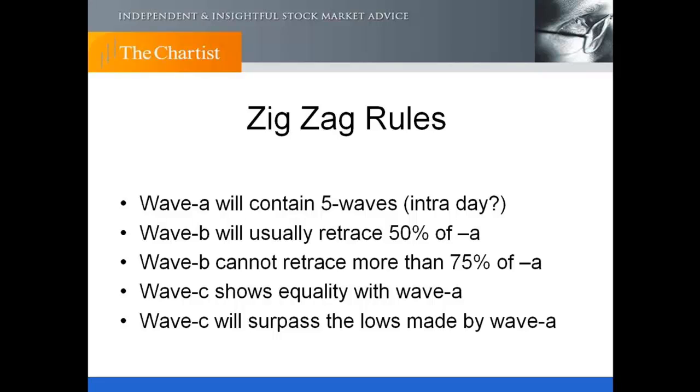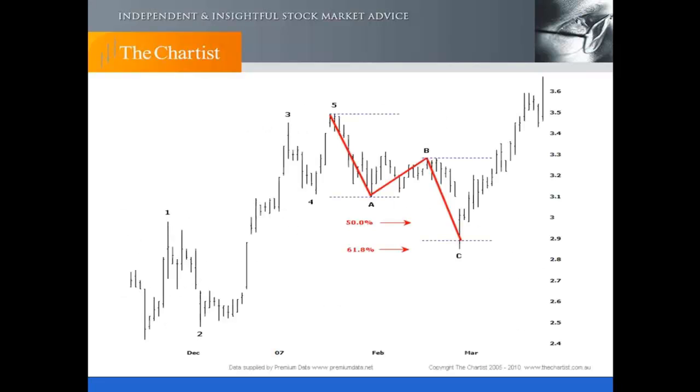It may not be 3 waves on an end-of-day chart. It will probably be 3 waves on an intraday chart. Wave C tends to be the same length as wave A, and wave C will always surpass the lows made by wave A. So let's take a look right here.